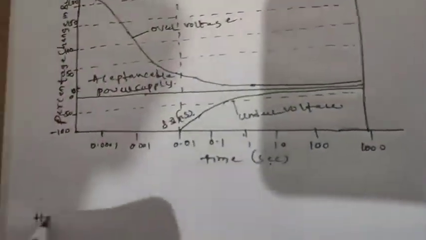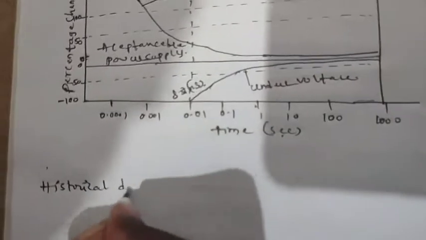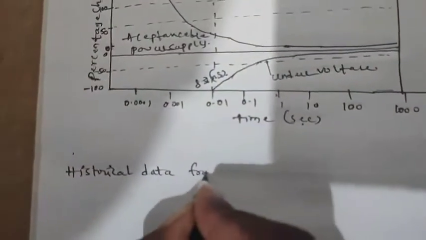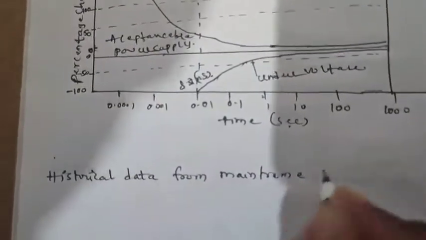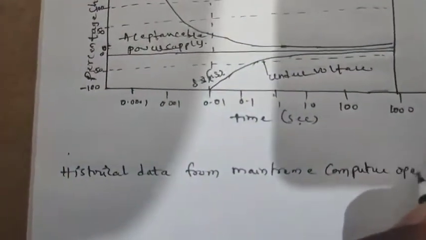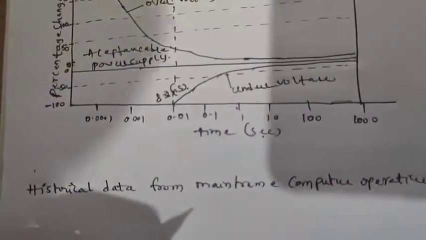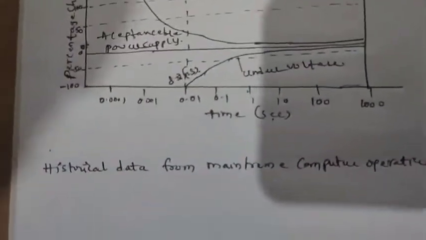We take this from the graph because we have sensitive equipment like computers. This shows the range of acceptable power supply voltage for the computer equipment.